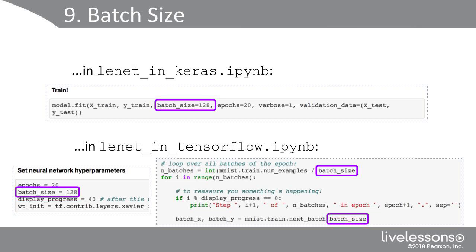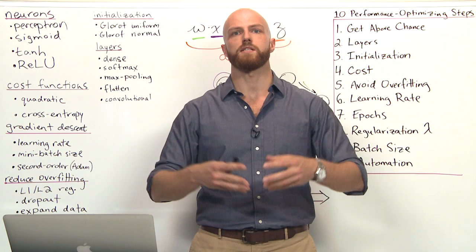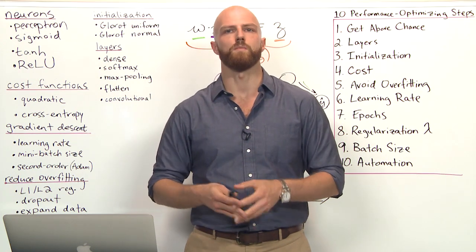Typically, people vary their mini batch sizes by powers of 2. So you might start off with 128, reduce to 64, increase to 256, and see how that affects your training speed as well as your training accuracy. If your mini batch size is too large, your model weights won't be updated enough.